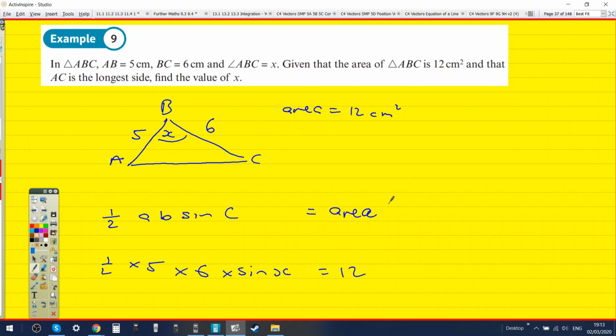And then sine x is equal to... Oh, wait, can I just put this in my calculator? Yep. And if there's ever a problem with the calculator, you can always do it manually. Yeah.